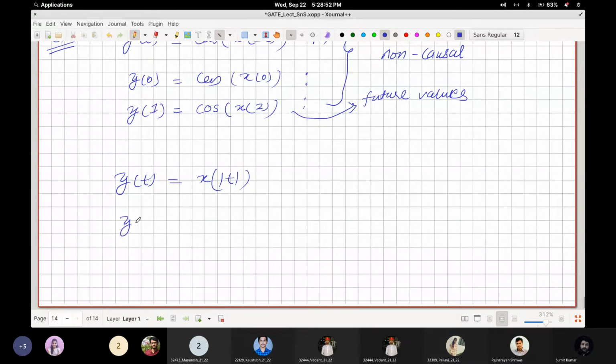So y of 1 will depend upon x of 1, right? And y of minus 1 will depend upon which value? x of mod of minus 1, which means 1 only, isn't it? Now at minus 1, is 1 in the future or the past? Future. So this is going to be non-causal again.